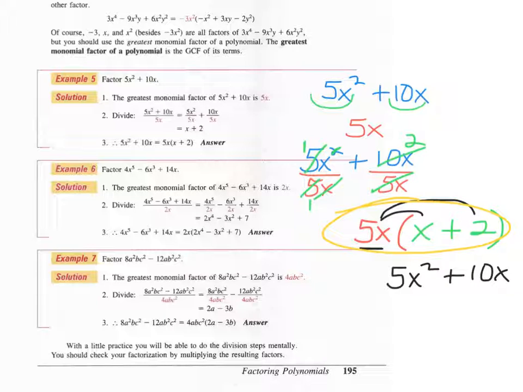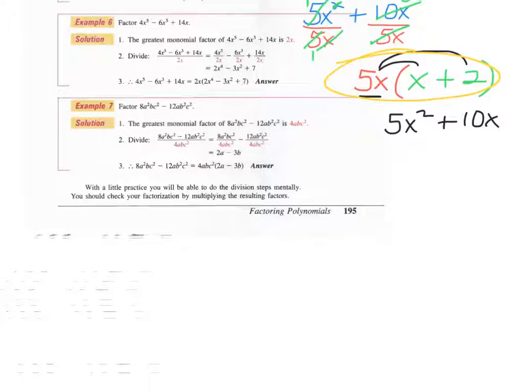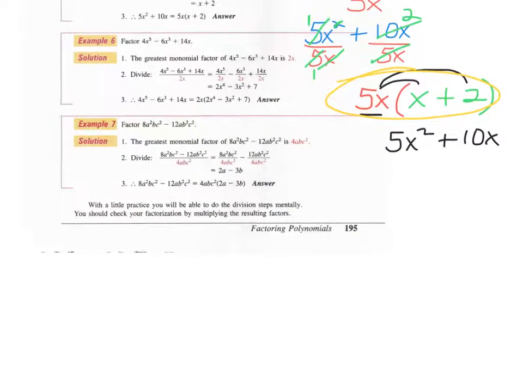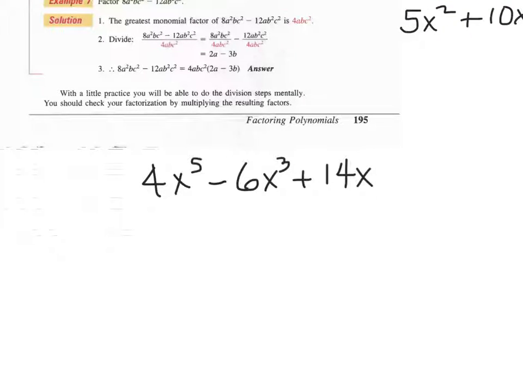Let's try example 6. So for example 6, we have 4x to the 5th minus 6x to the 3rd plus 14x. I need to find the greatest common factor between these three terms.